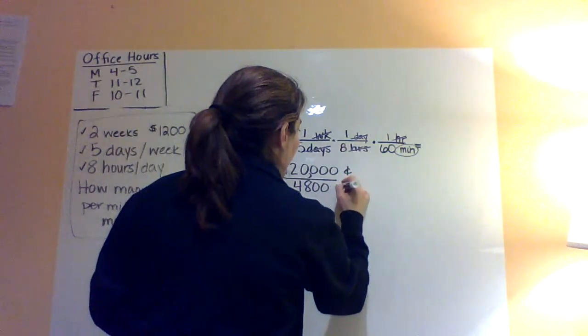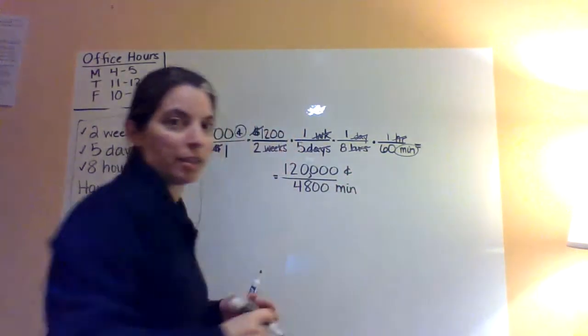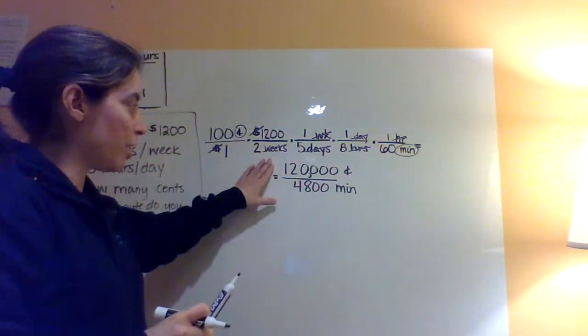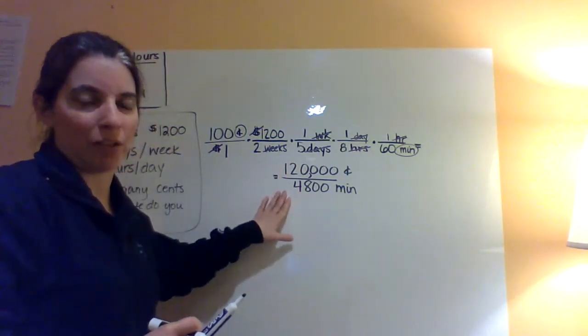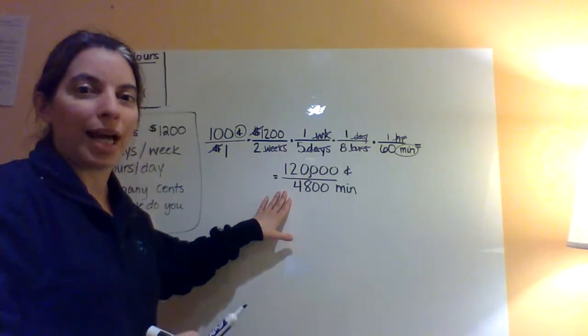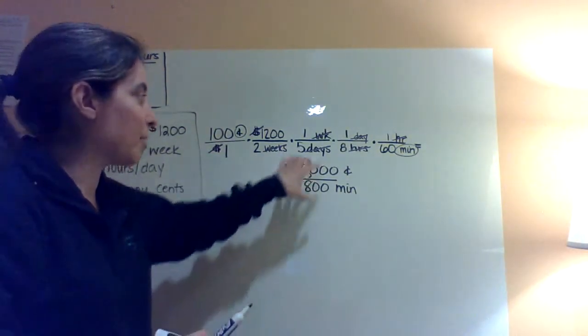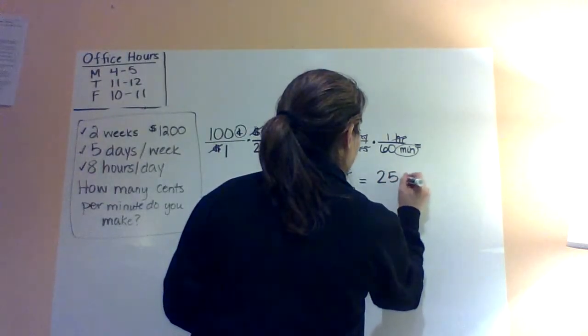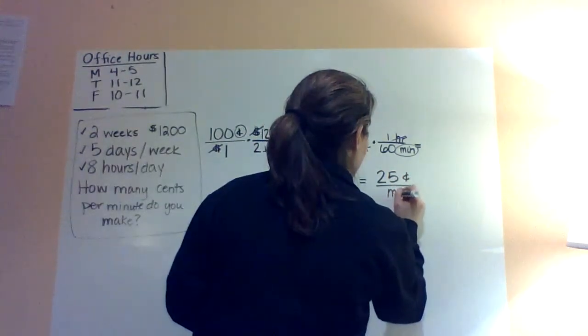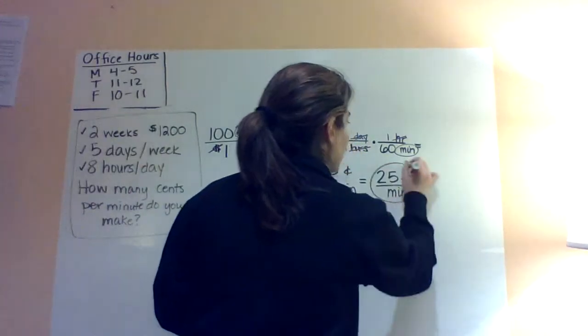So if I think about my units, this is saying 120,000 cents over 4,800 minutes. This is how many cents I make in this many minutes. That doesn't really mean a lot to me in my brain, right? So I'm going to divide this. And when I divide those two numbers, I get 25 cents per minute.